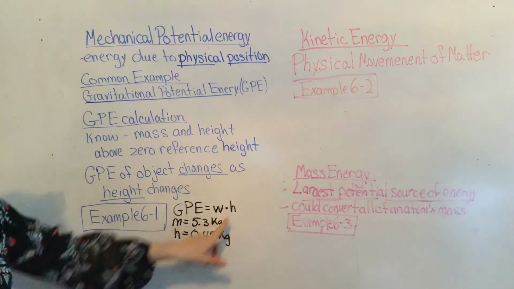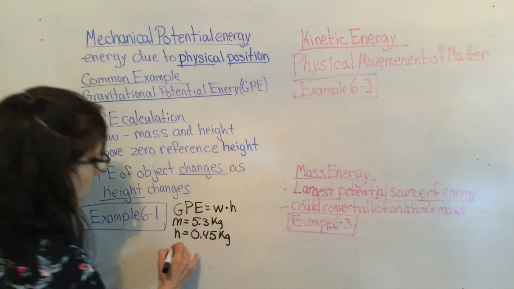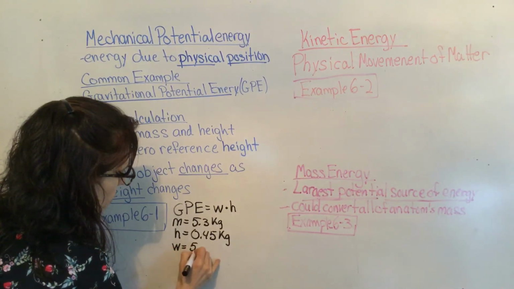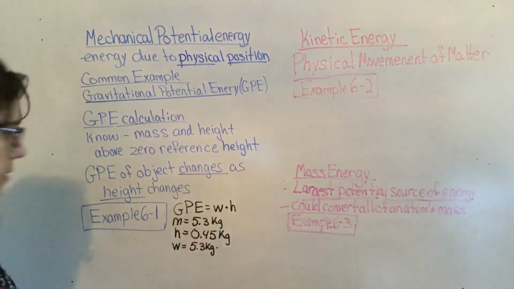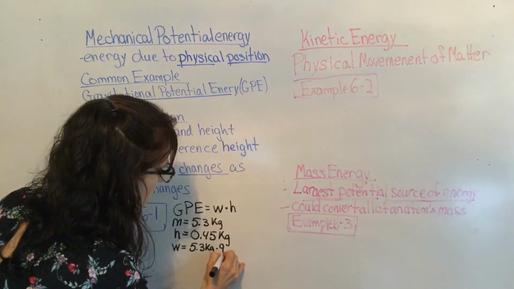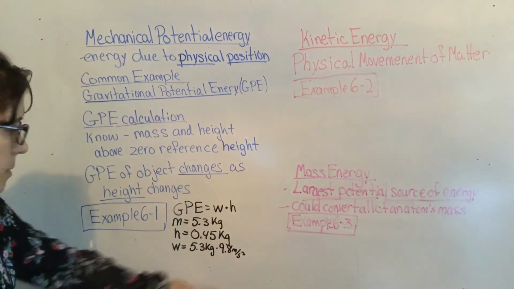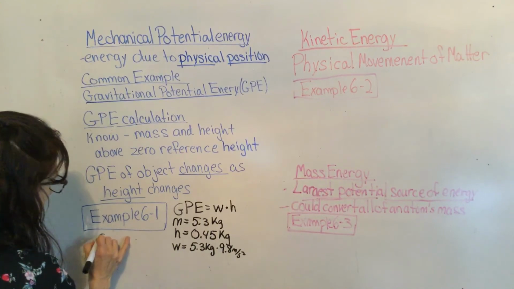Height's easy, so we can plug that into the formula. But our weight, let's do this. Weight equals 5.3 kilograms, and in order to find weight in newtons, we need to multiply by 9.8. If you want, you can put the units in, meters per second squared. You don't have to for this problem.